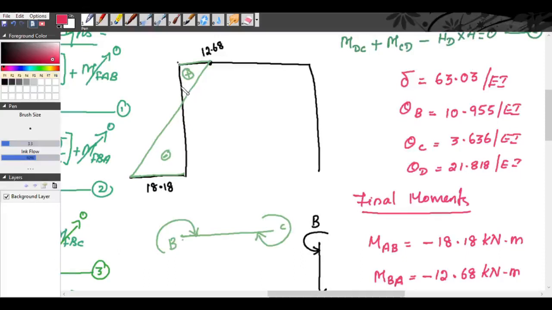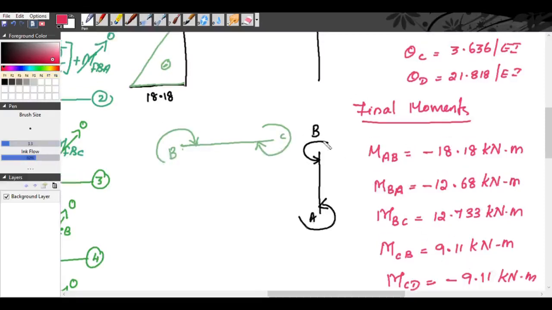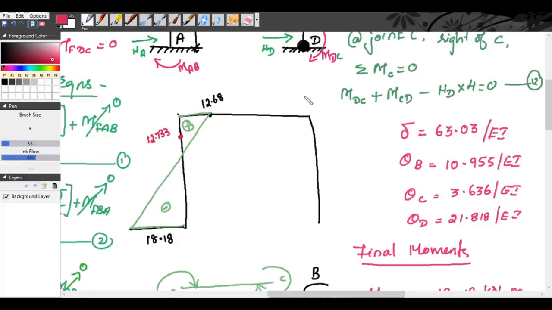And at C upwards it is 9.11. So our bending moment diagram for the span BC is like this.